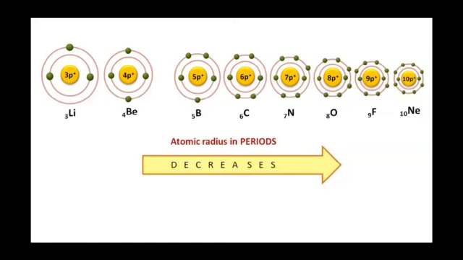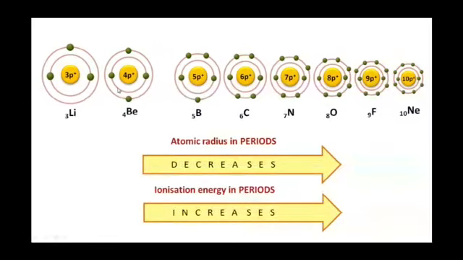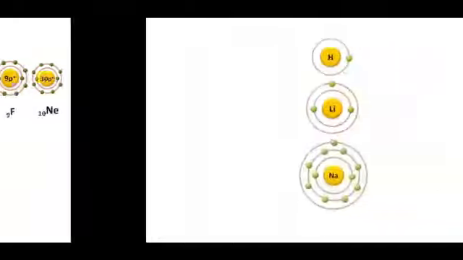Hence, in fluorine the 9 protons will strongly attract the electrons present in the valence shell. Therefore, to remove an electron from the valence shell, more amount of energy is required. So, along the periods on moving from left to right, atomic radius decreases and ionization energy increases.